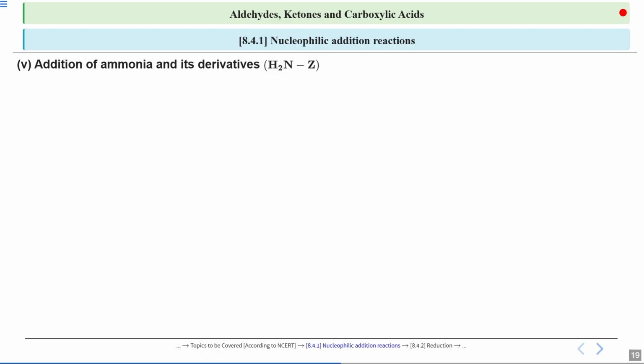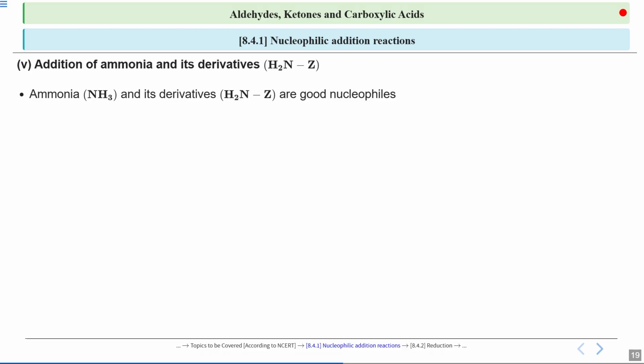Now we will discuss another type of nucleophilic addition reaction, which is addition of ammonia and its derivatives. Ammonia, which is NH3, and its derivatives, represented as H2NZ, are very excellent nucleophiles. If they are good nucleophiles, they have a strong tendency to donate a pair of electrons.